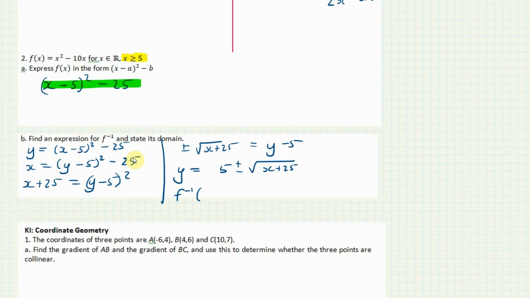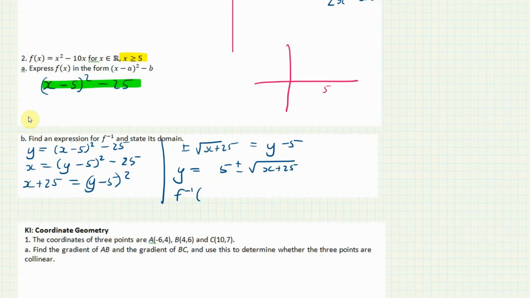So what we need to do to determine whether we want a plus or minus is look at the information here. x is greater than or equal to 5. Now, if I were to sketch this, I know that my graph looks something like this. Very not to scale. Oh, I've even put it in the wrong quadrant, haven't I?